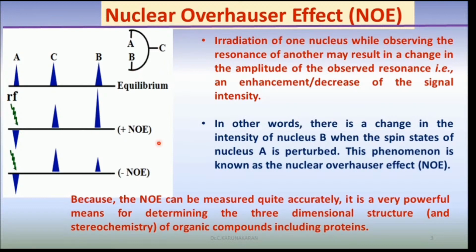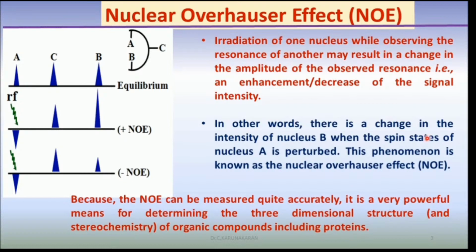If the signal increases, that is, the amplitude increases, it is called a positive nuclear Overhauser effect. If the signal of the B proton decreases, then it is called a negative nuclear Overhauser effect.